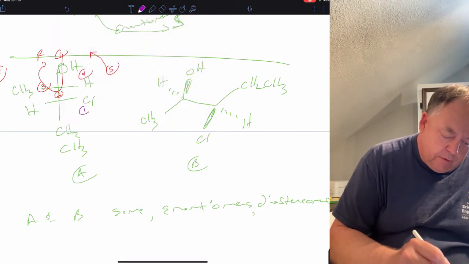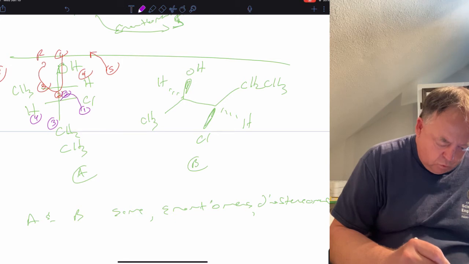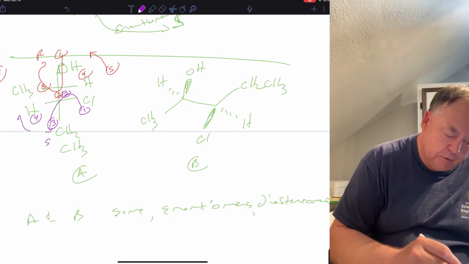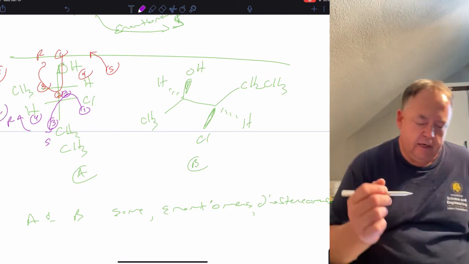So chlorine is priority 1, hydrogen is going to be 4. Going up to the top is going to be 2, and down toward the bottom is number 3. So 1 to 2 to 3 is counterclockwise, that is S. 4 is horizontal, so we have to flip the direction, so it's R. So this is the SR isomer.